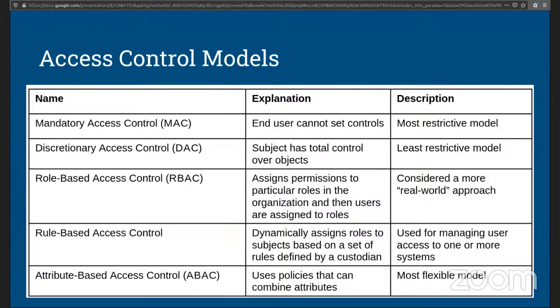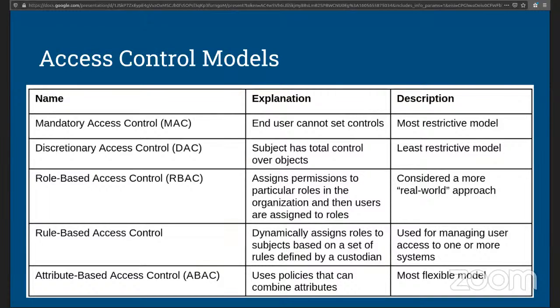The role-based, if you have Active Directory and you have a number of roles, you can set it up through that, for example. There's the rule-based, based on a certain set of rules that this user can access it only if X, Y, and Z is met. And the attribute-based, using policies, which is the most flexible out of all of these.